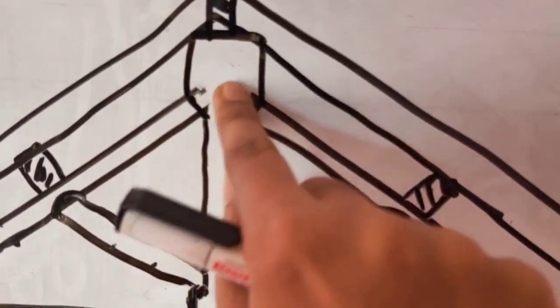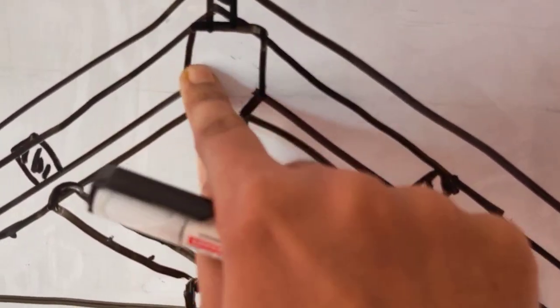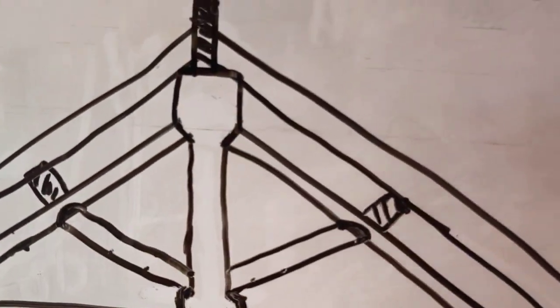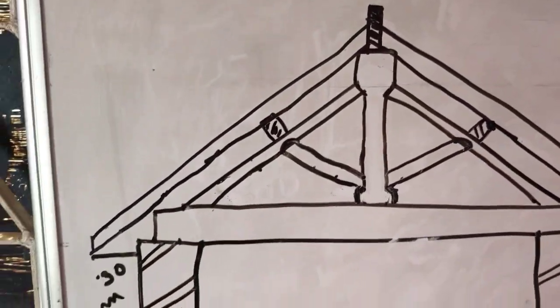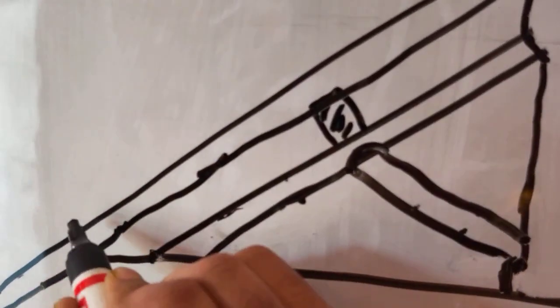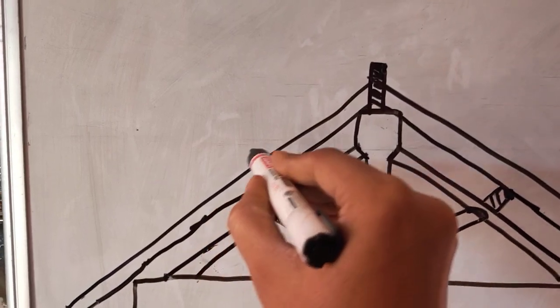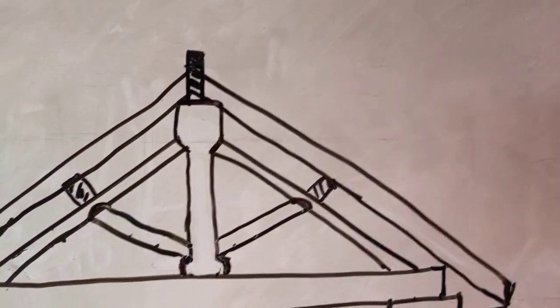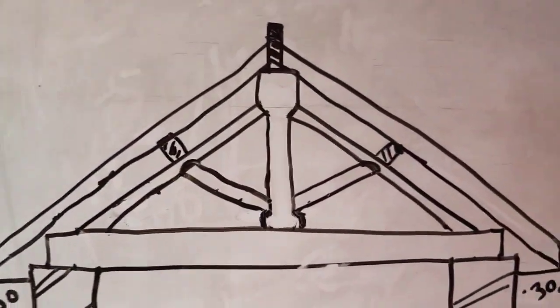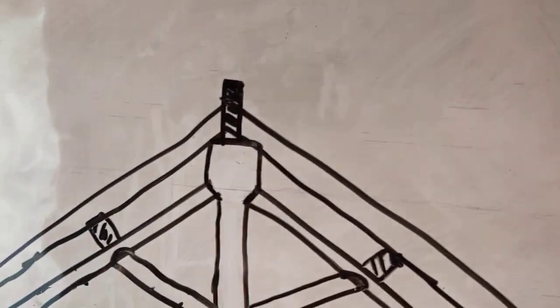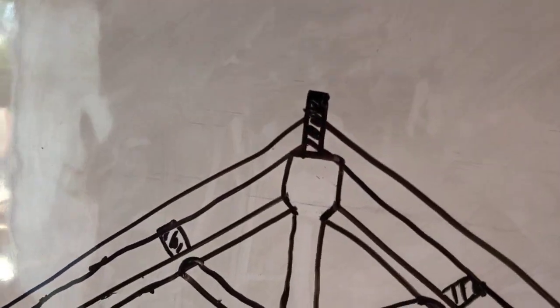Now we need to erase this inside portion. Now it's time to provide battens. So you mark 90 centimeter. Battens will be provided at interval of 90 centimeter. At every 90 centimeter we will provide one batten to support the roof coverings, to support the GI sheets, or what you call tins.